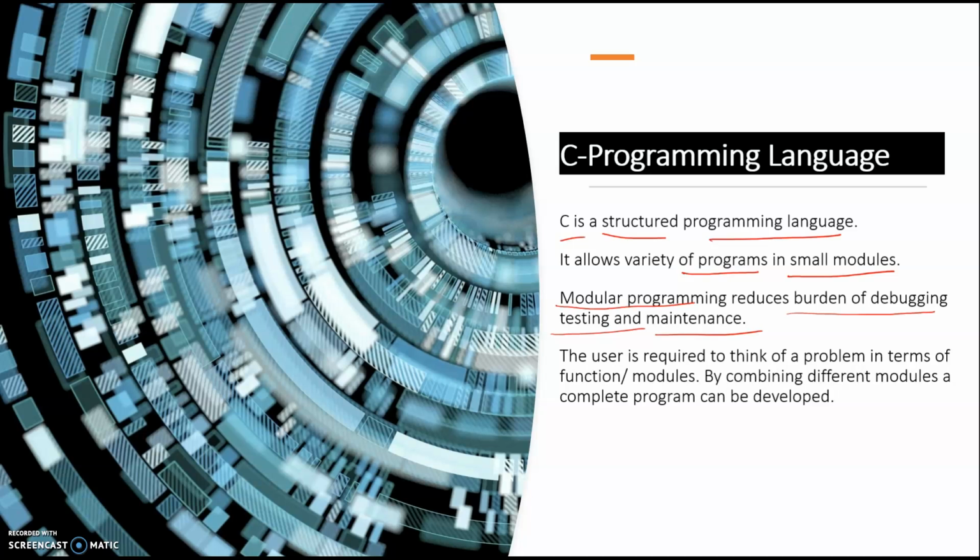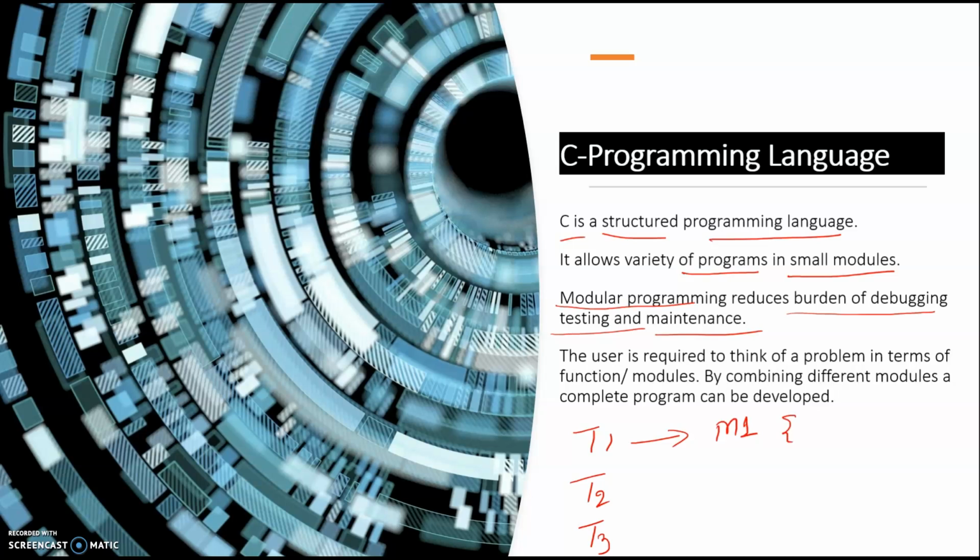So what does modular programming mean? It means that if you are going to perform, let's say, 3 different tasks, task T1, task T2, and task T3, then you can create a module for task 1.